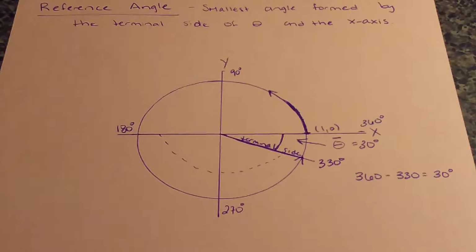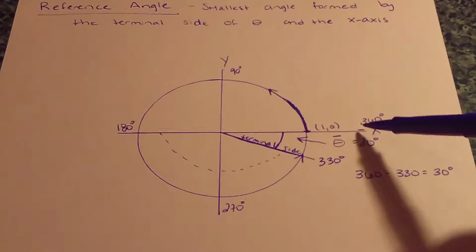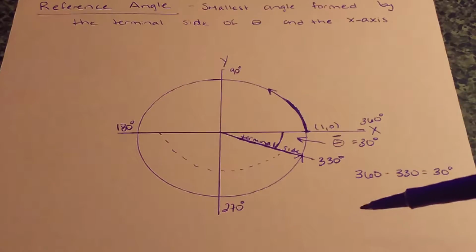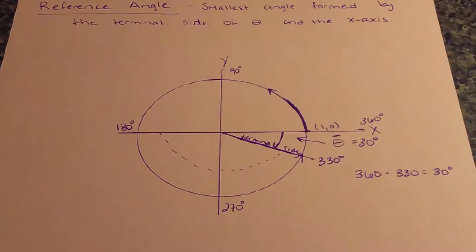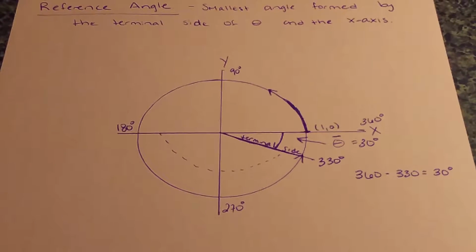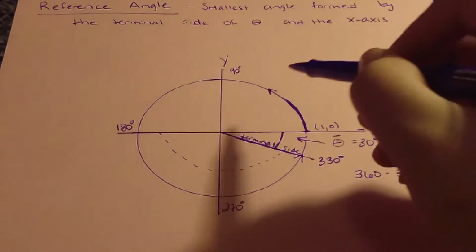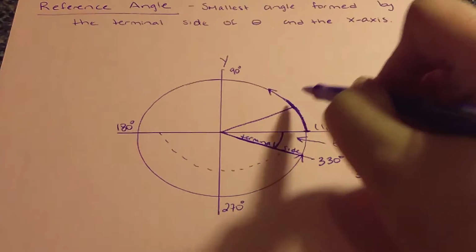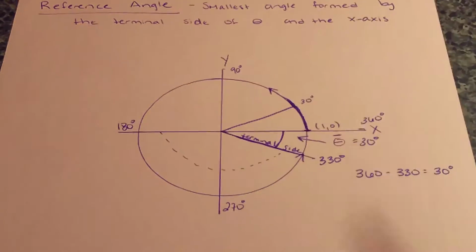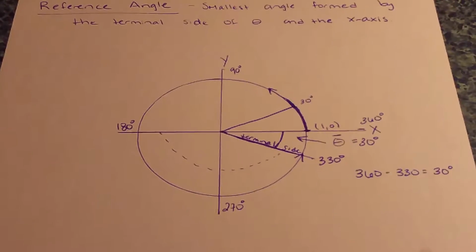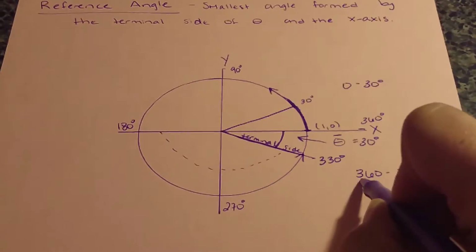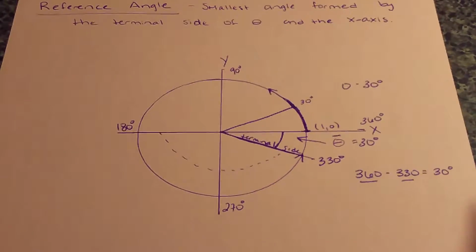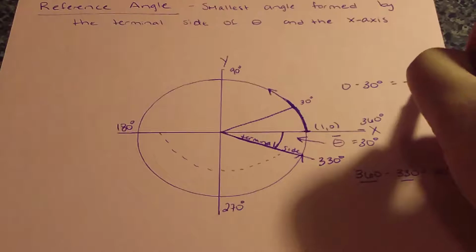Now it's not always going to work that way. You're not always going to subtract the terminal side from the x-axis. It depends on where you're located. You always want the reference angle to be positive. So for example, if I did a smaller angle, like 30 degrees, and did that same exact process, 0 minus 30 degrees, just like here I did x-axis minus terminal side, I would get a negative reference angle.